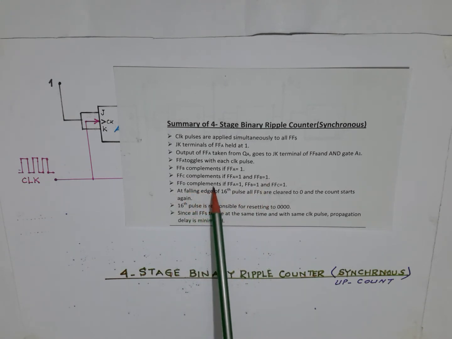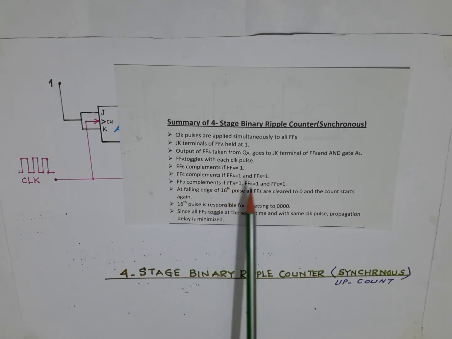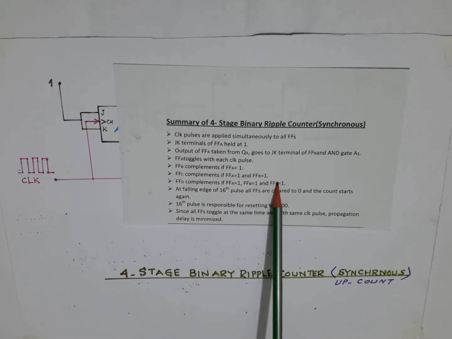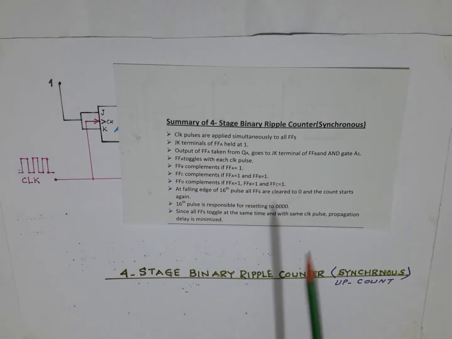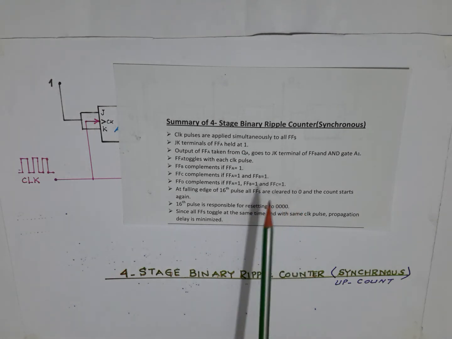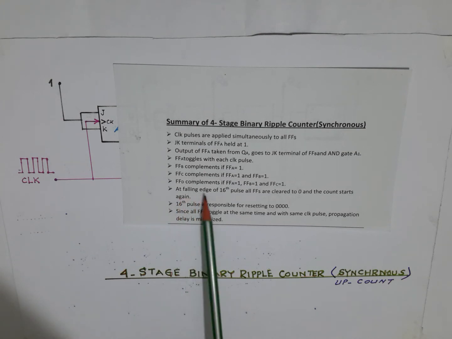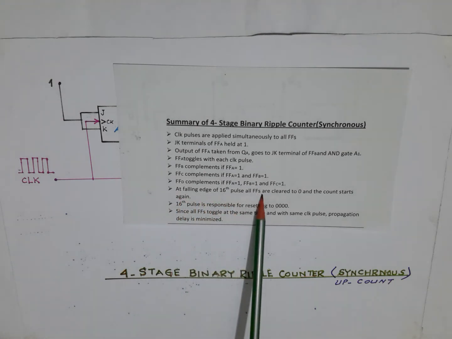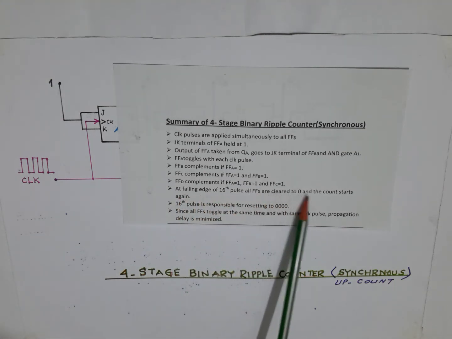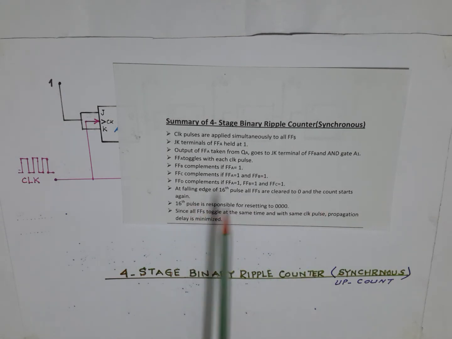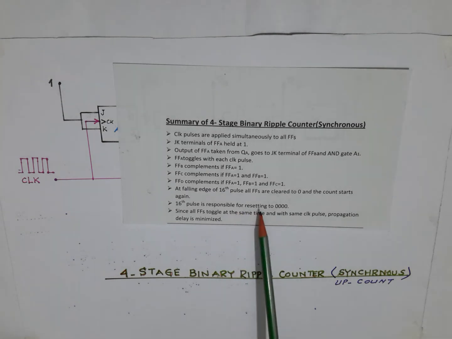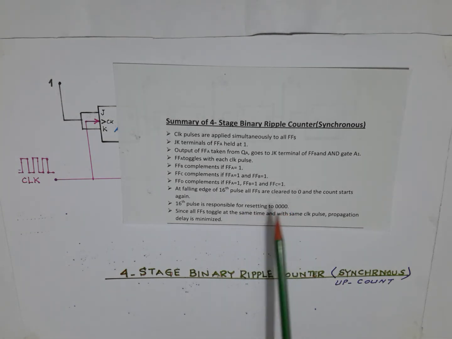FFD will complement or will toggle or will change the state when all the previous flip-flops, that is FFA is 1, FFB is 1, FFC is 1, that is already explained. And now with the 8th pulse, FFD is going to toggle and provide us the output. At the falling edge of the 16th pulse, all flip-flops are cleared to 0 and the count starts again. The 16th pulse is responsible for resetting the counter to 0000.